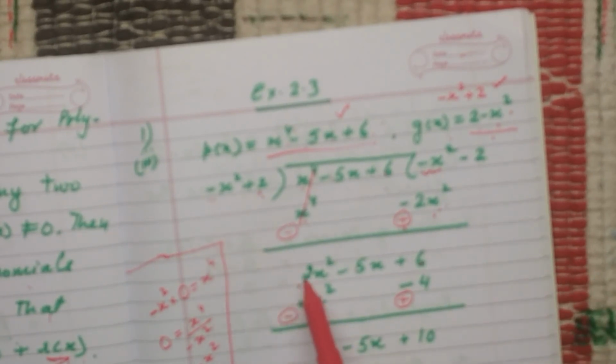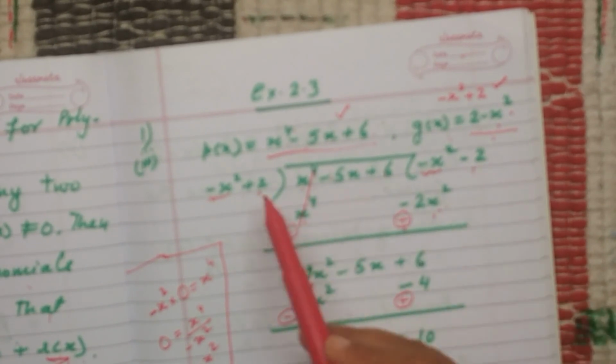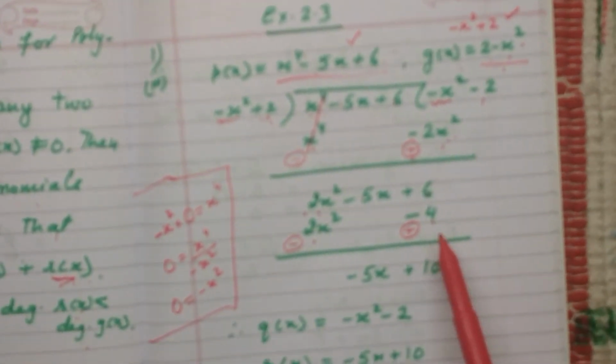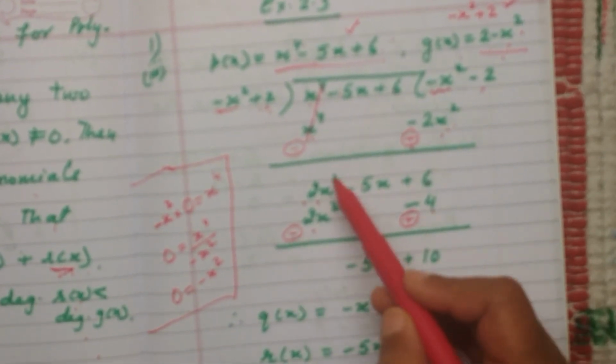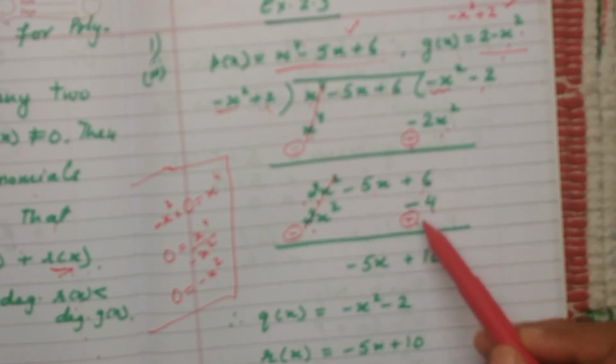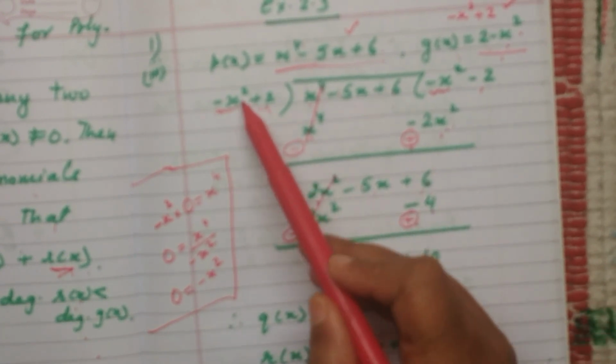Now we will multiply minus x square by minus 2 to get 2x square. So I get 2x square. Now when minus 2 and 2 are multiplied, we get minus 4. When the signs are changed, this cancels and I get plus, minus 5x plus 10. Now what is the degree of the divisor? 2.